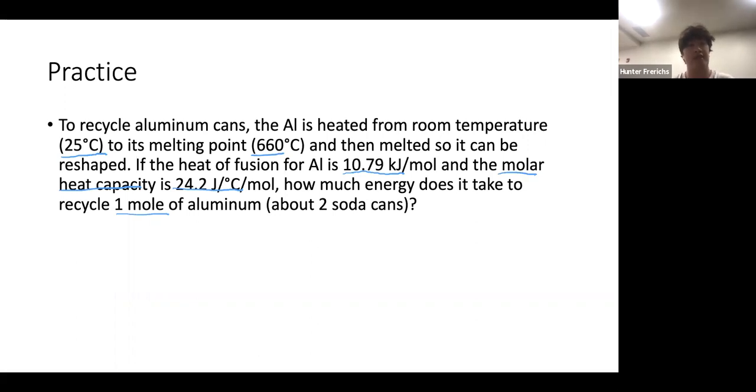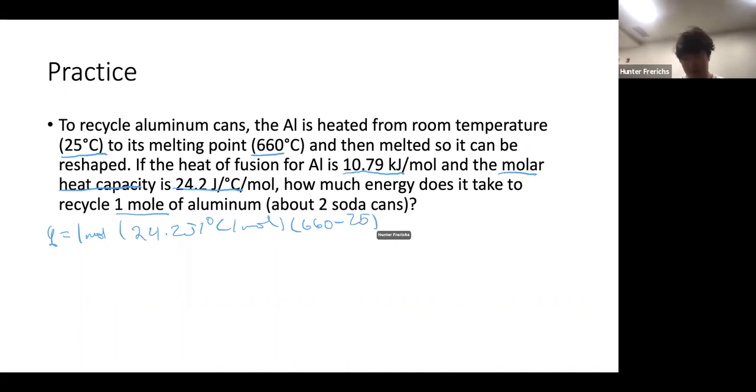In this case, delta T is just 660 minus 25. But first you need your number of moles. So you have Q equals 1 mole times your molar heat capacity, which is 24.2 joules per degree Celsius per mole, times your delta T, which is 660 minus 25 degrees Celsius.